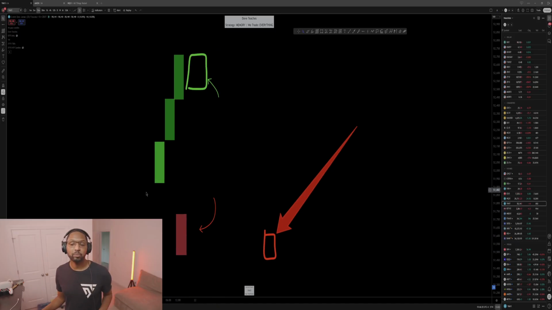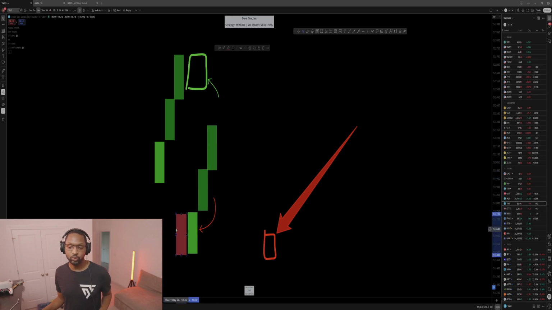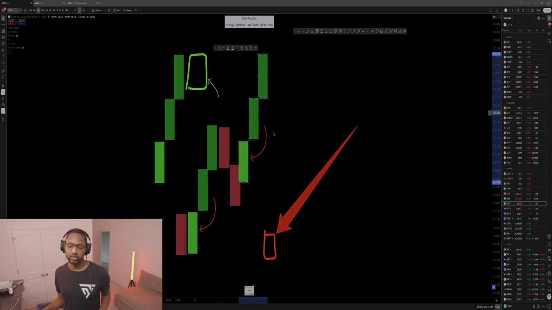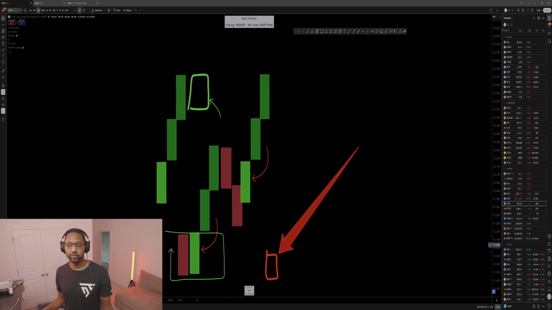So as we begin to make our way higher and we put in a series of up candles, and then after that we might put in two down candles, whatever it is, and then we follow again and put in more up candles like that, right? What we're paying attention to is the lowest down candle that is here, right?